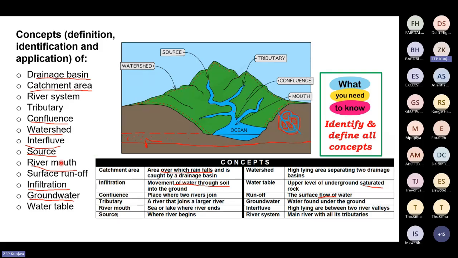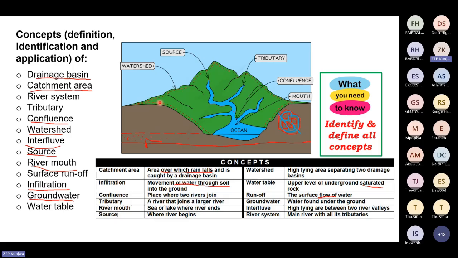You just have to understand that when it's raining, water will be flowing on the surface. So that is your surface runoff. Infiltration as well. It might not be easy to pick it up on the picture, unless the examiner has given you some arrows to demonstrate this.